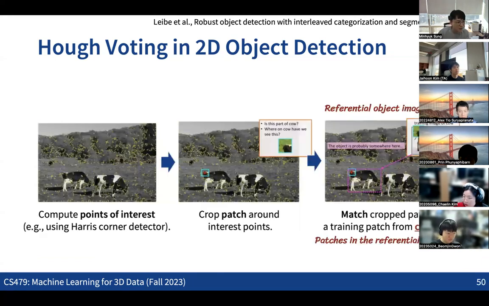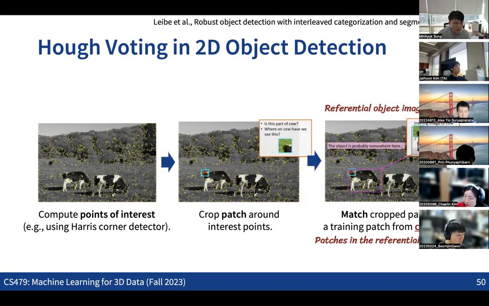What we want to do is first extract some points of interest, so having some key points in the 2D space. Then we take some local patches for each of the points. We want to use each local patch as a vote for the center of the objects.